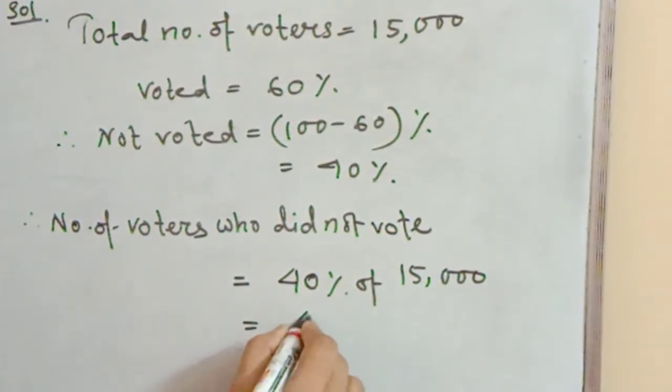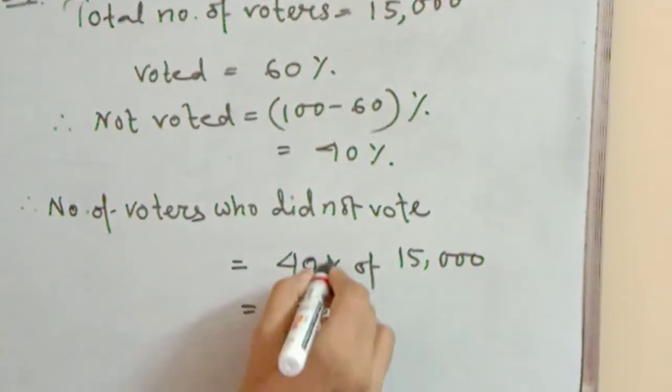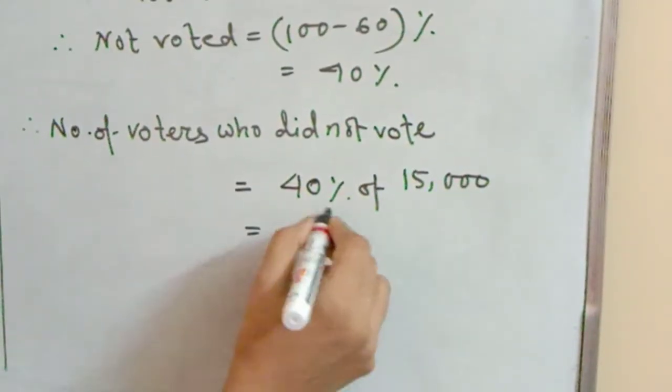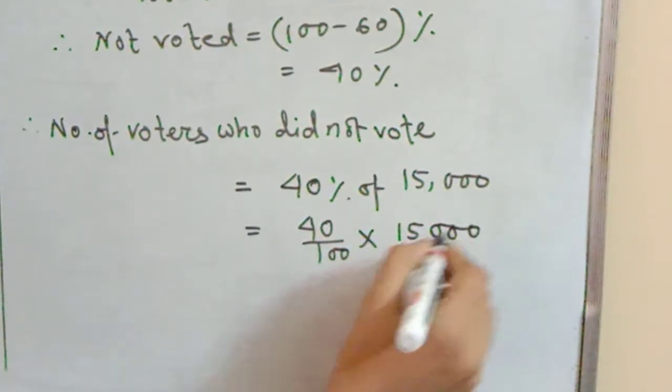So 40 by 100, to remove the percent sign, it will be 40 by 100 of 15,000.